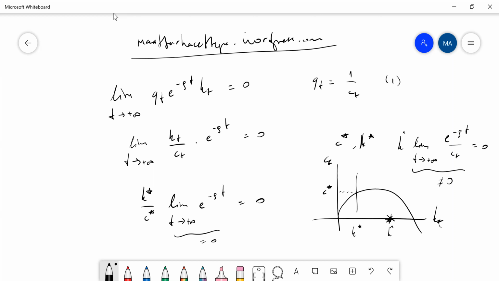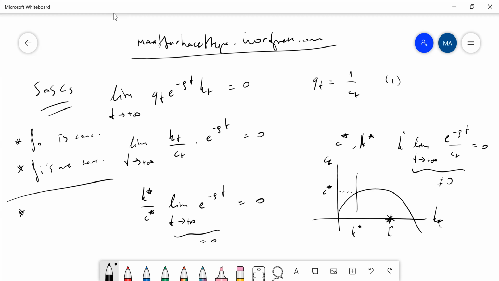Remember the second order conditions are like this: F0 is concave, and the Fi's are concave. This is good for an optimum. If additionally F0 is strictly concave, then you have uniqueness.